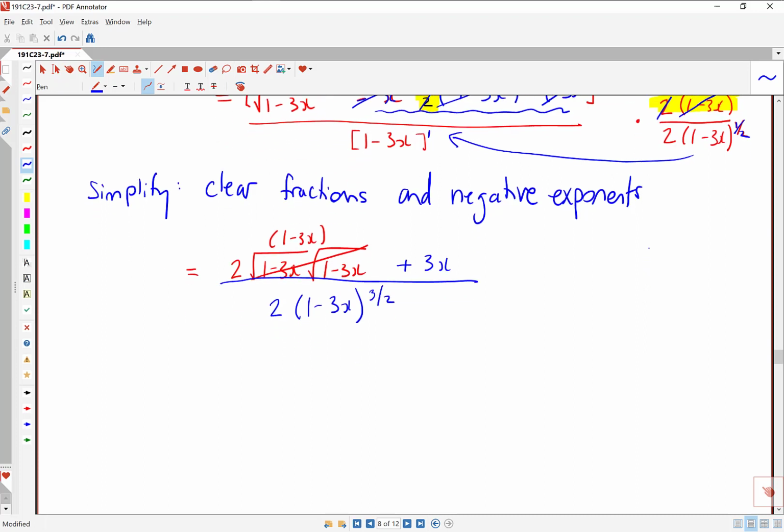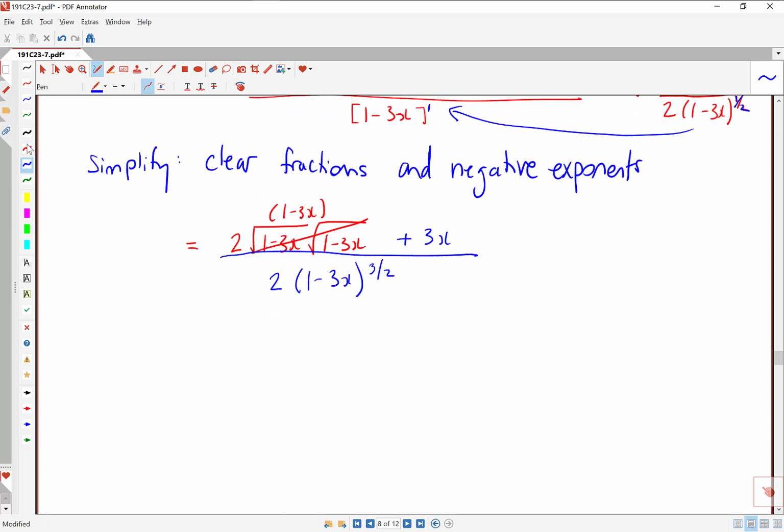Okay, so we're almost good here. Just need to clean up that numerator a little bit. So we got 2 times 1 minus 3x, which gives us 2 minus 6x plus 3x in the numerator. So let's call that 2 minus 3x, just to be done with it.